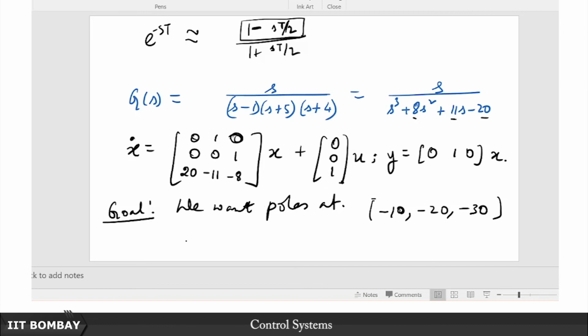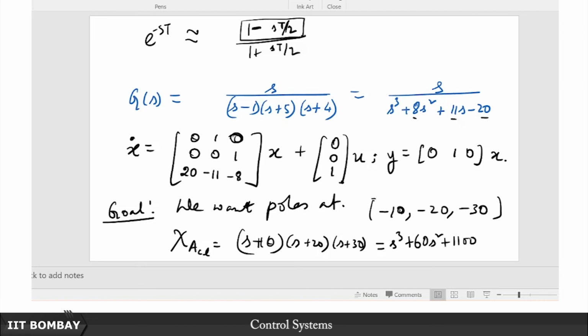What we basically then want is our desired characteristic polynomial, s plus 10 times s plus 20 times s plus 30, which should look something like s cubed plus 60s squared plus 1100s plus 6000.